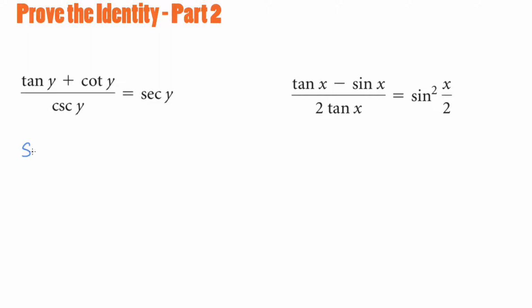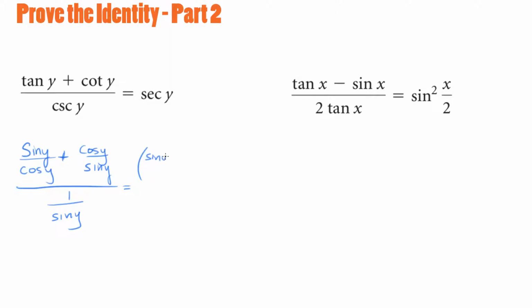So sine of y over cosine of y plus cosine of y over sine of y over 1 over sine of y. Now, as always, when you have a fraction, common denominator, multiplying the left side by sine over sine, multiplying the right side by cosine over cosine.